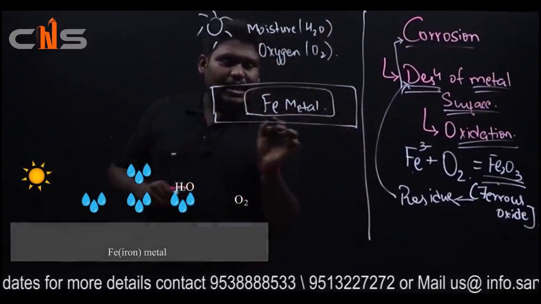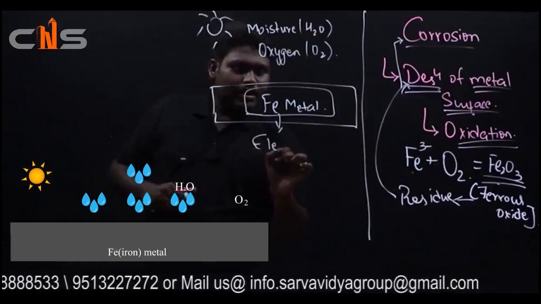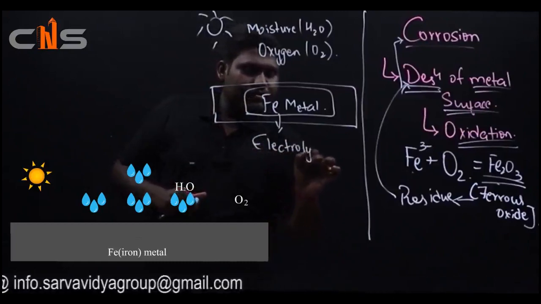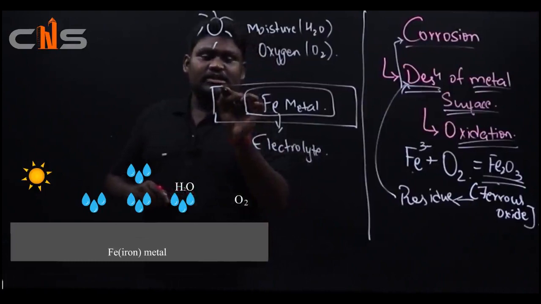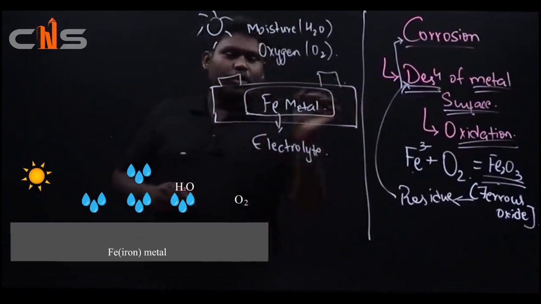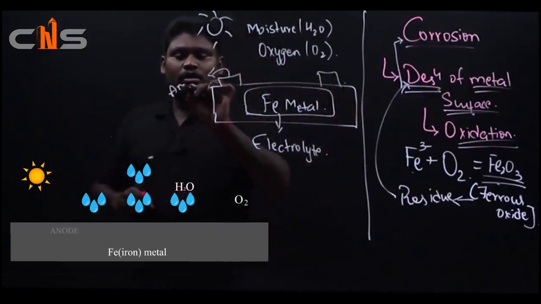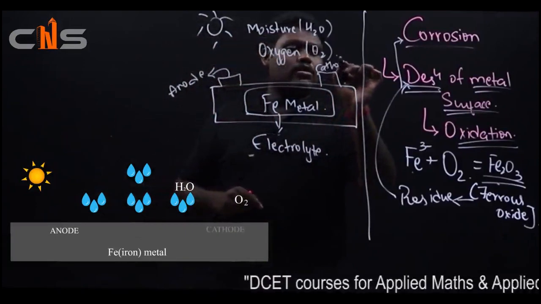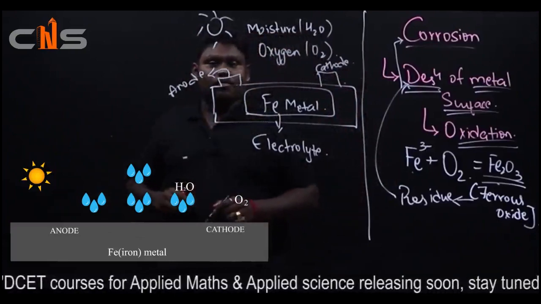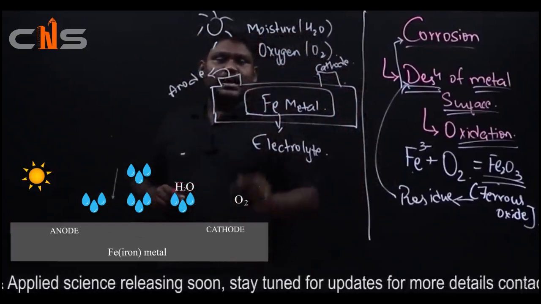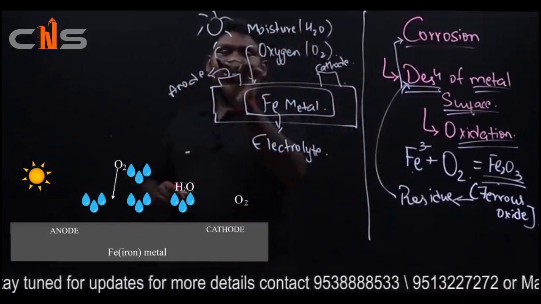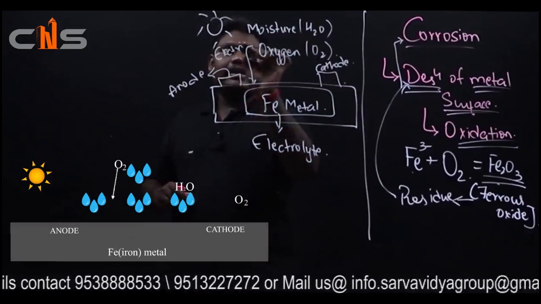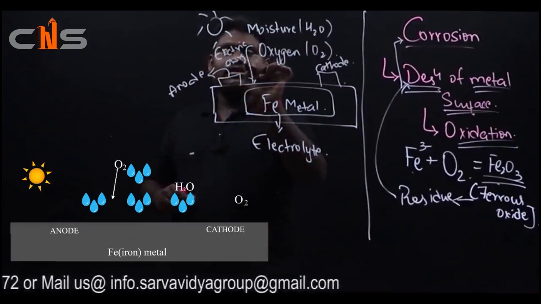This material acts as an electrolyte, and on the surface of this material, both anode and cathode are formed, and the oxygen that is given from the atmosphere acts as the electric charge.